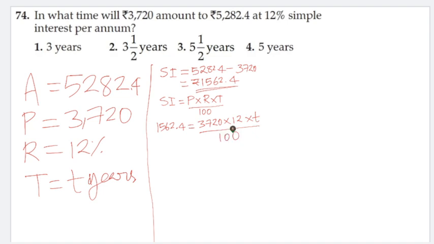So now after simplifying, what we will get? We can take T to one side and then simplifying this we will get 3.5 years as our answer. So when you look at the options, it is 3 years, 3.5 years, 5.5, and 5 years. So 3.5 means it's 3.5 years only. Second option is our right answer.